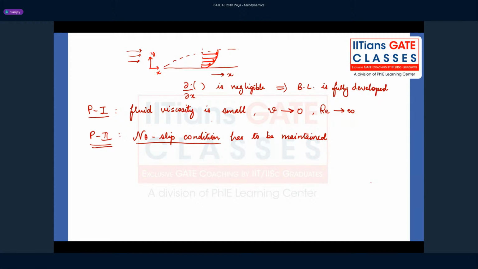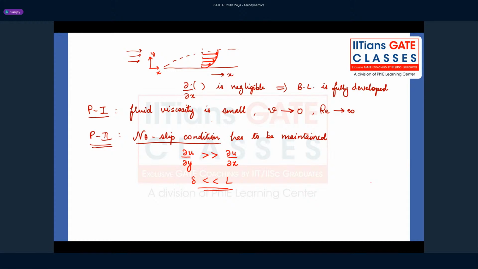So it is a consequence of the second postulate that dou u by dou y is much greater than dou u by dou x, because your boundary layer thickness delta is much smaller than the characteristic length of the plate, right?